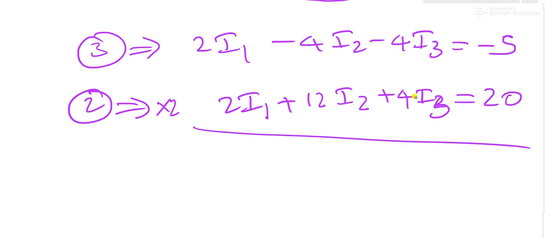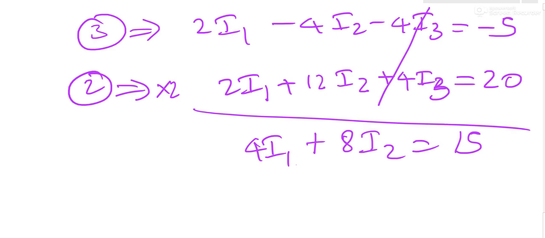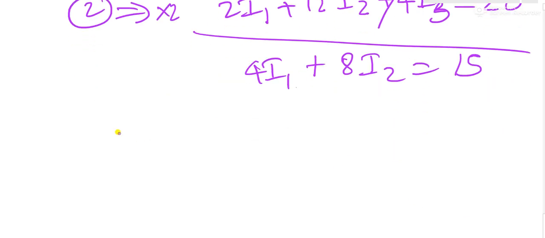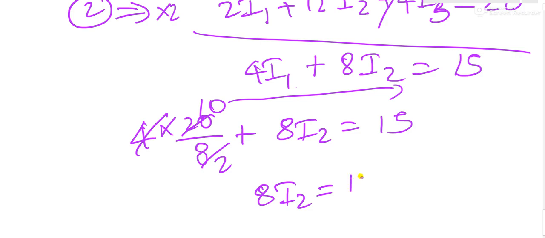Now I am going to solve this. The I3 terms get cancelled. On addition we get 4I1, and we already know I1, plus 8I2 is equal to 15. With I1 as 20 divided by 8, 4I1 gives 10. Taking it to the right side, 8I2 is equal to 15 minus 10, which is 5.